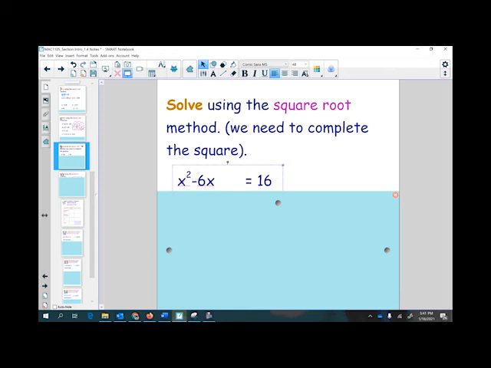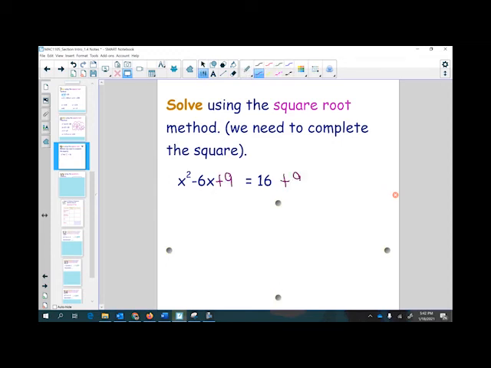So what do we need to add? Well, remember before we had something here, and whatever its square root was, you double that and you get the middle term. So if we work in reverse, we want half of this one, which would be 3. And then if I square 3, I'll get 9. So what I need to do is add in 9 there. I'm going to add 9 on both sides.